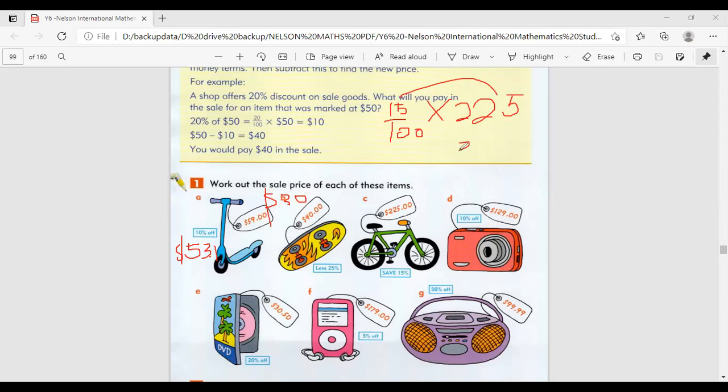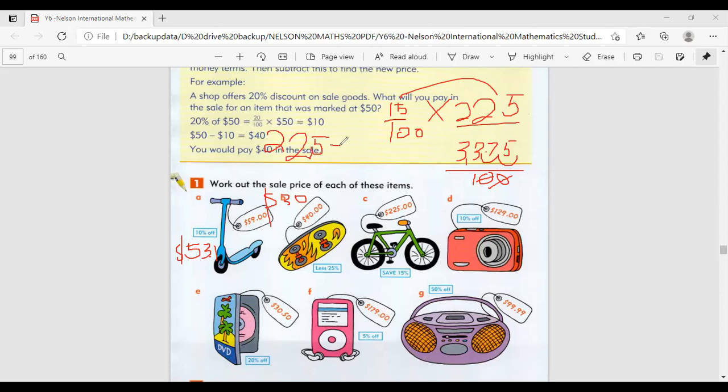So it will be 3,375 over 100. Okay, so 1, 2. We will move our decimal point there. So it will be 33.75.